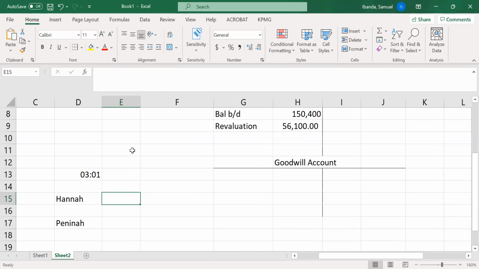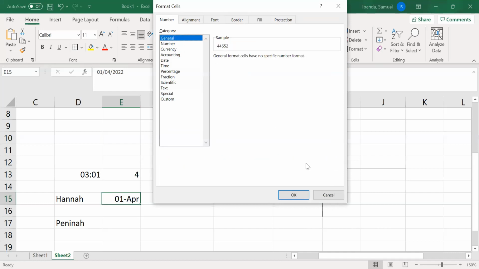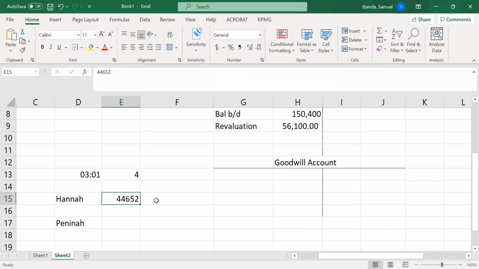So we have the total ratio is 4. So this one is basically 1 divided by 4. Okay, let me just change it into a number.